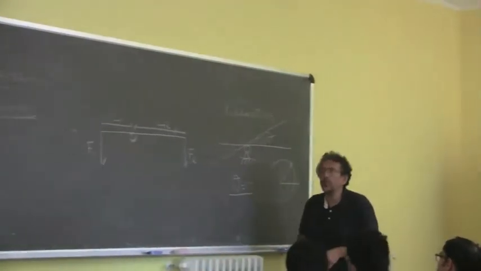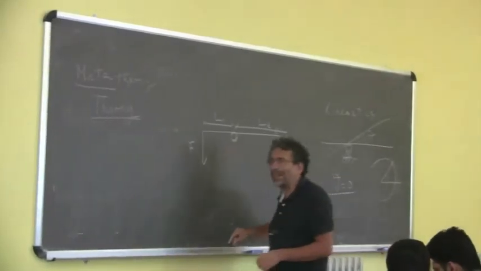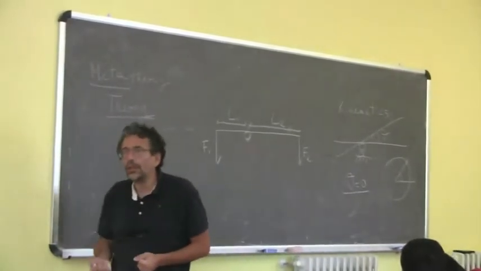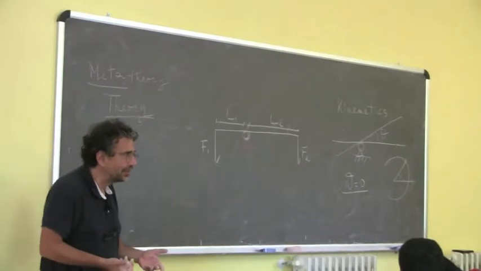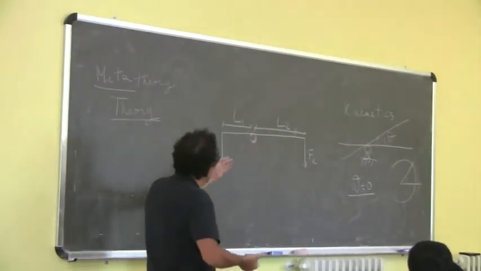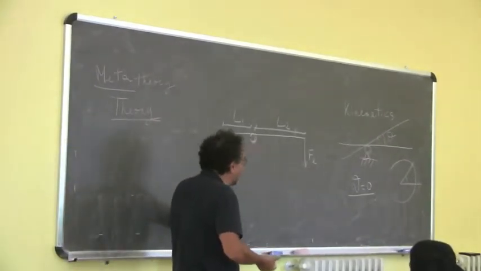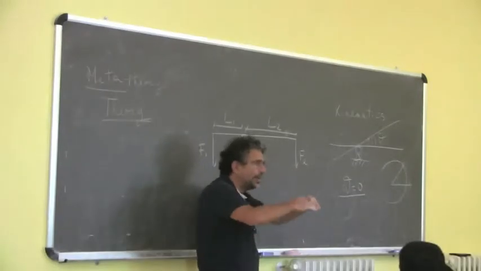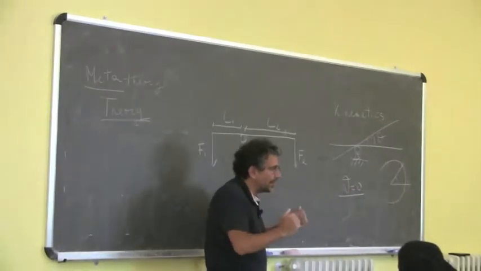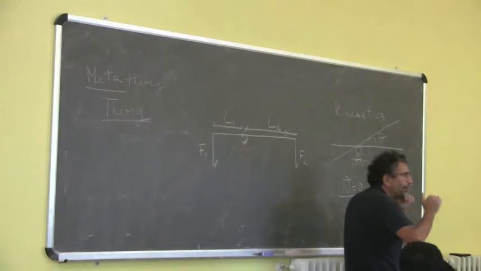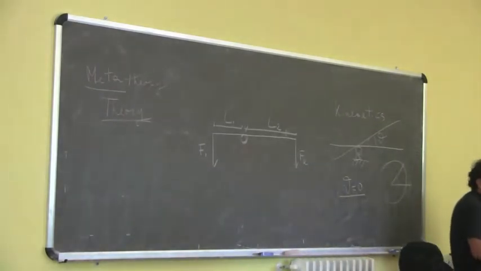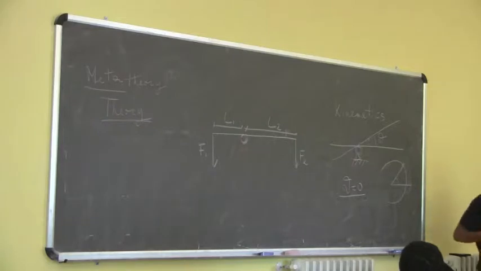So we want to invent a mathematical theory which forecasts for which values of f1 and f2 this system remains in equilibrium with theta equals 0. Now, for us, this is a simple problem, but imagine 2,300 years ago, this was the boundary of knowledge.